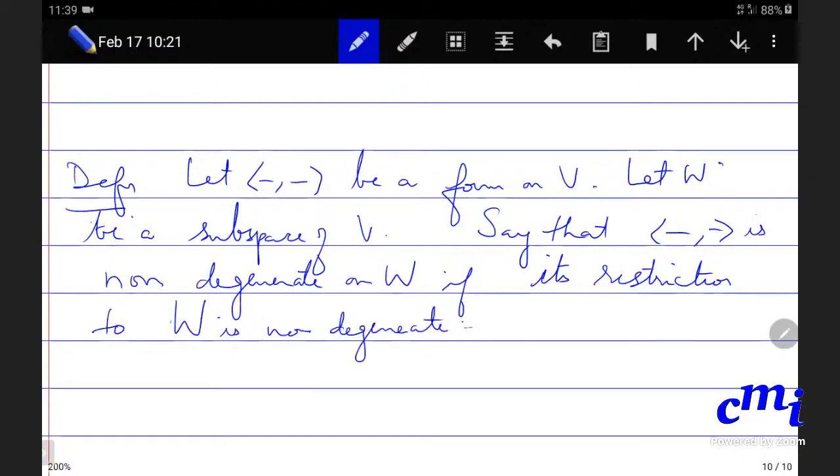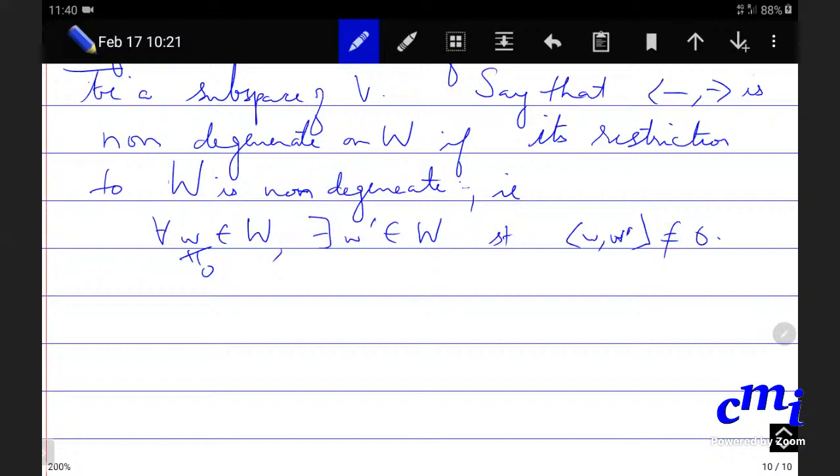That is, for all w inside W, w not equal to 0, there exists w prime inside W such that the form of w with w prime is not 0.